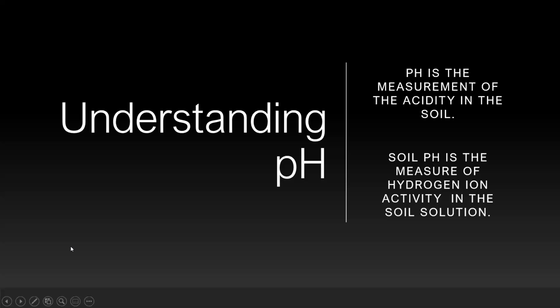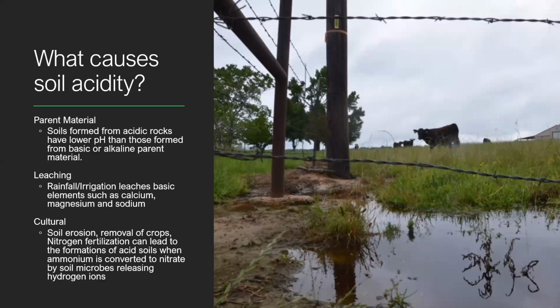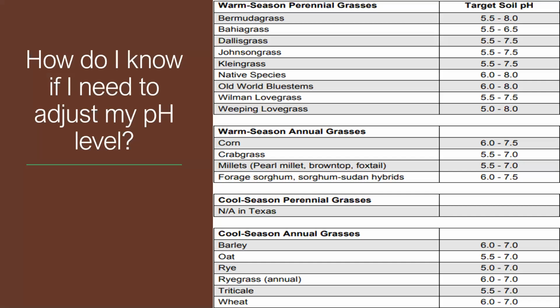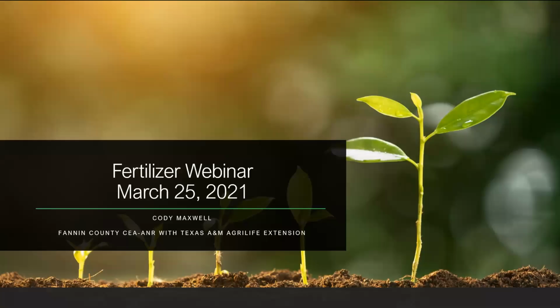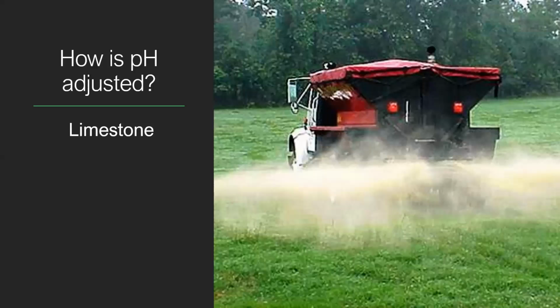So moving ahead, pH is the measurement of the acidity in the soil. We talked about that in part one of this webinar. We talked about the things that cause soil acidity, the apparent material leaching that we can see, and also cultural occurrences within that soil that cause acidity. On this particular chart, we talked about the different types of grasses and the levels of pH that we want to be at for each one of those, and that brings us up to the point that we're at today.